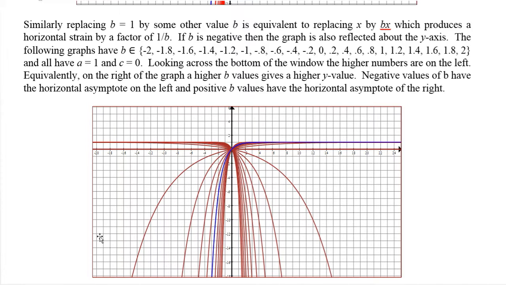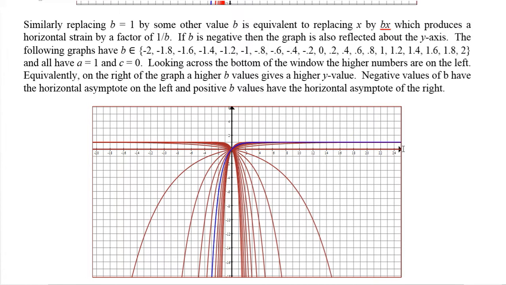Now what this does is give you a horizontal strain. So it stretches or compresses it horizontally by multiplying the x coordinates by 1 over b, or dividing them by b.